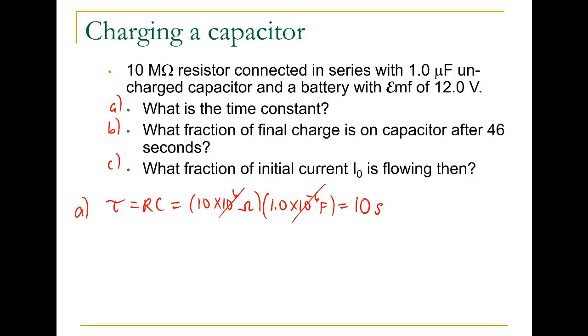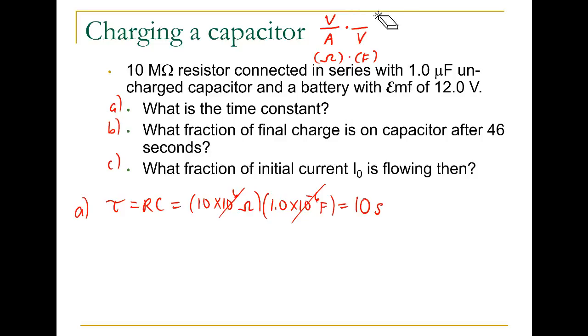This time constant really does have units of seconds. And to dig into this, remember that resistance, ohms, is the same thing as voltage over current from Ohm's law. So volts over amps times farads. So that's ohms. And farads is going to be charge over volts.